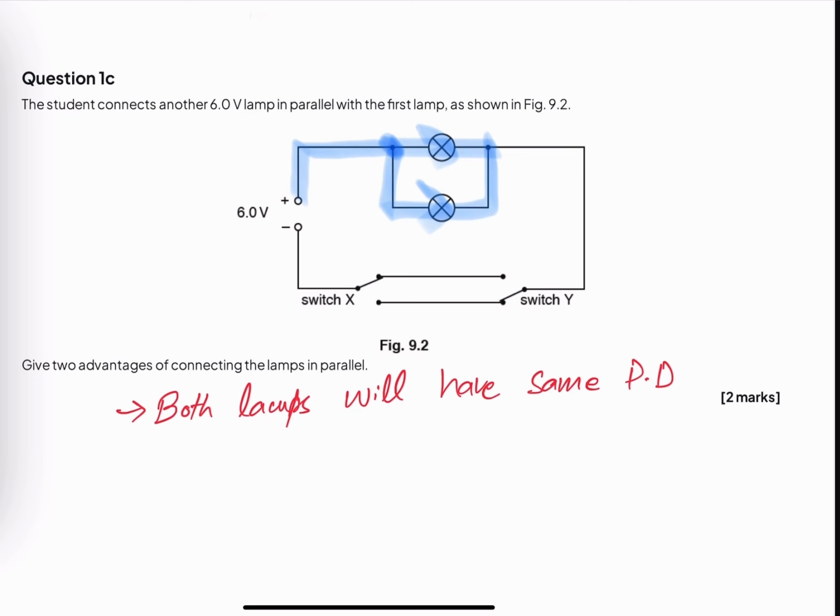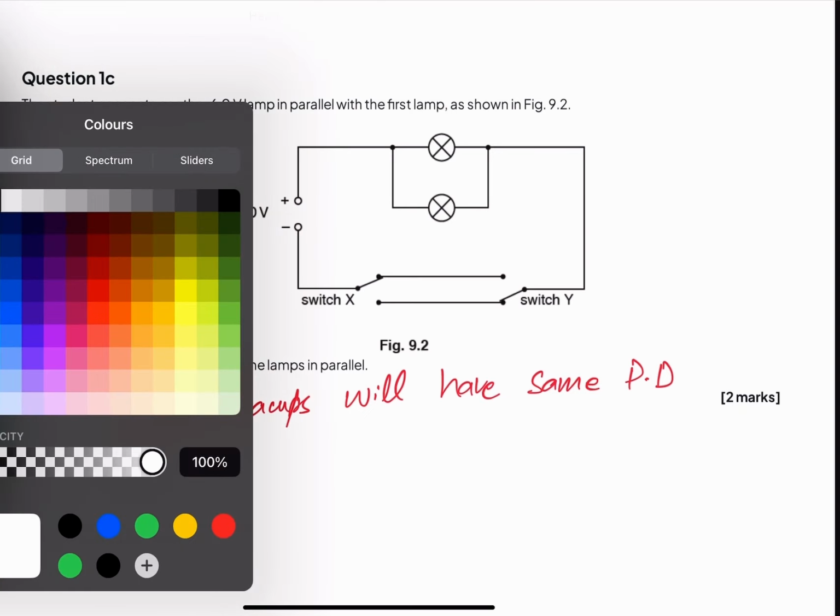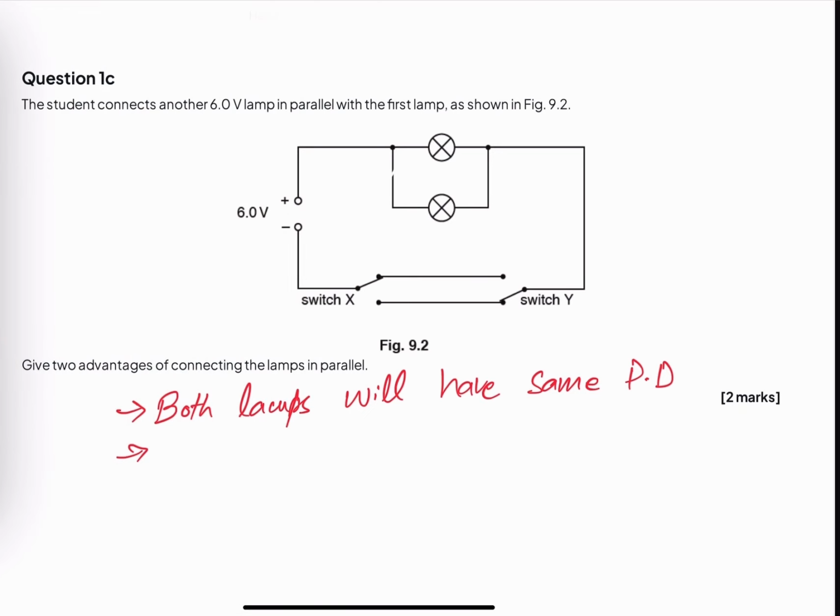Okay, the second advantage is, let's suppose this connection is detached from this point, so if the current starts from there, it will not flow this way, but it can flow this way. So this will be on and this will be off. So even if one connection breaks down, the other will still work. So this is the benefit of using a parallel circuit.